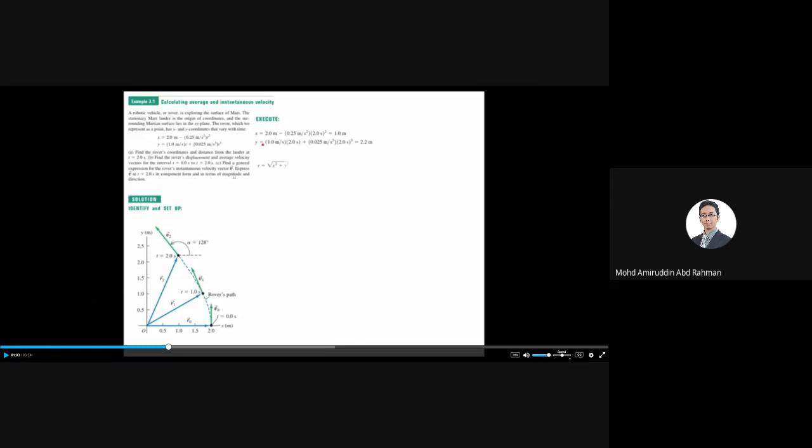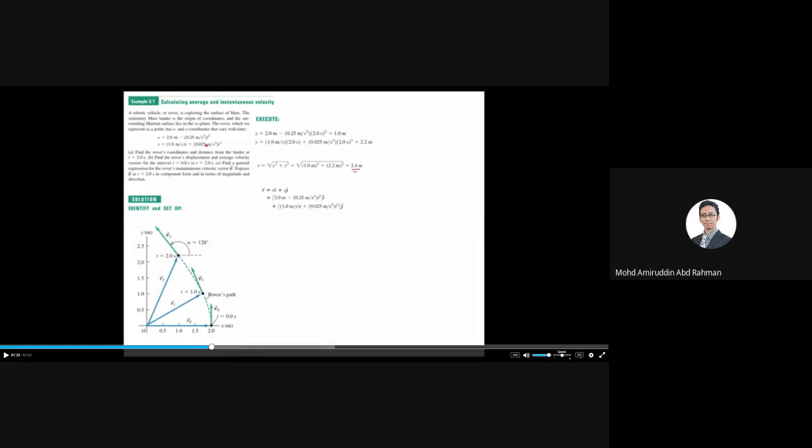So that is the coordinate (1, 2.2). What is r? The distance r is the Euclidean distance from 0 to that position, so the square root of x squared plus y squared.